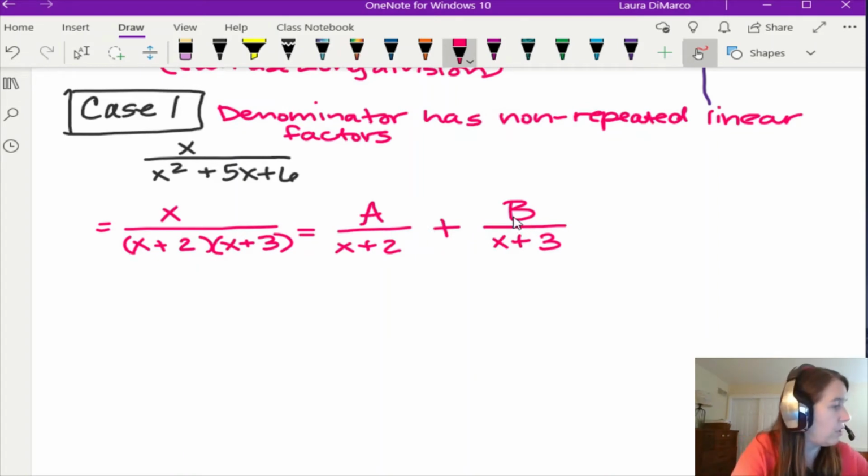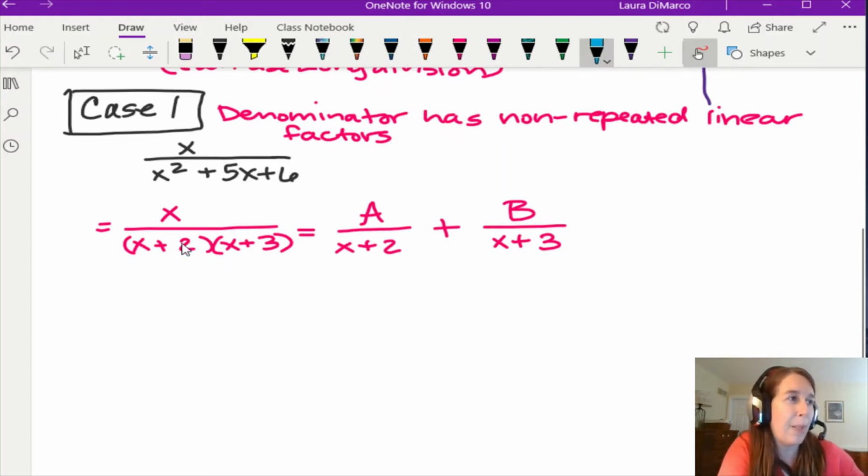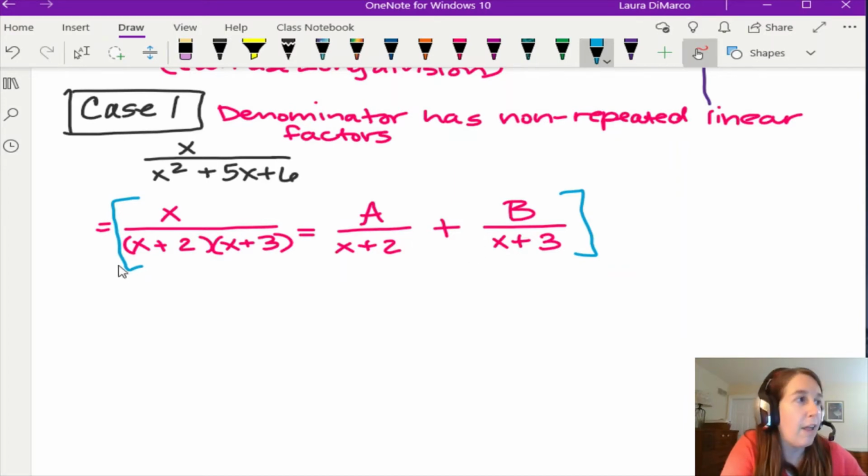Let's just find a nice color here. Oh, that's nice. Taking a look at this problem, what we can do to start to solve it is multiply by the denominator.